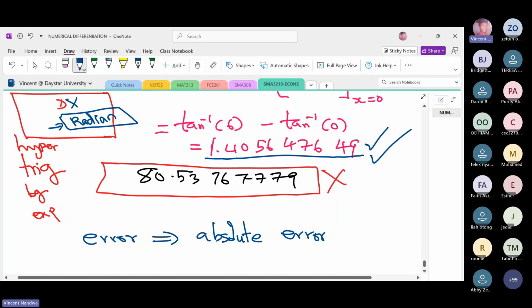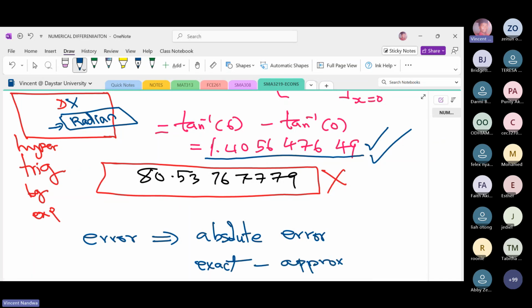When you take the exact value minus the approximate value, if you get a negative sign, ignore it and just take the magnitude. So the error by default implies absolute error.